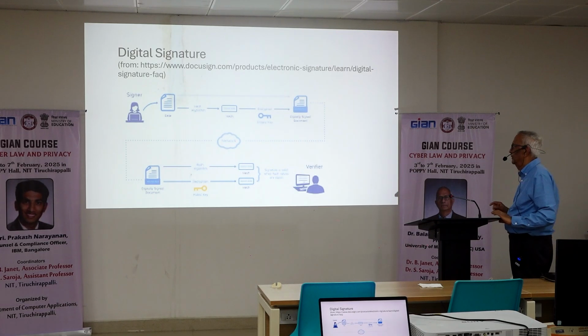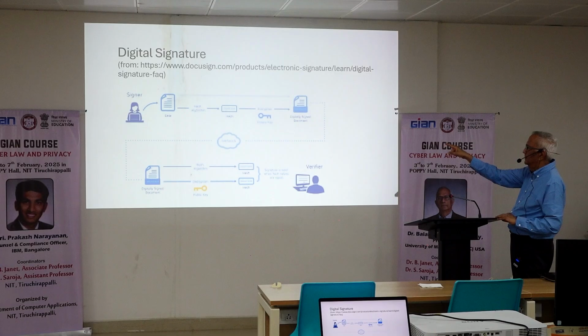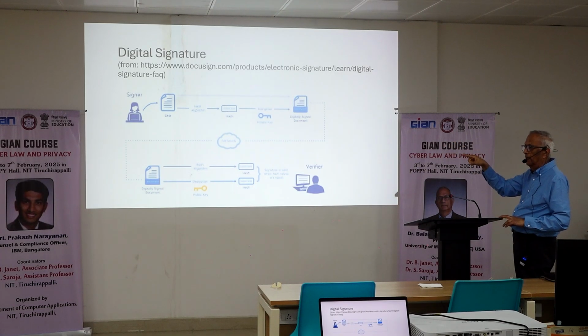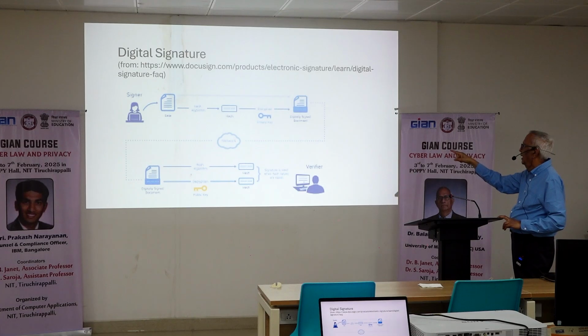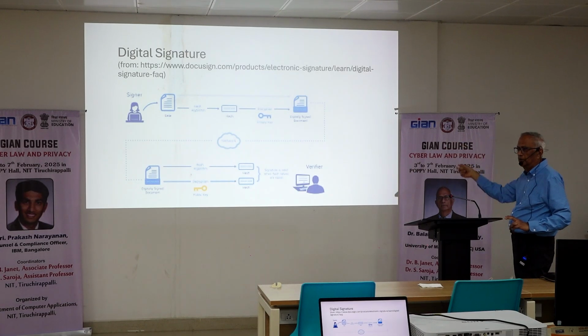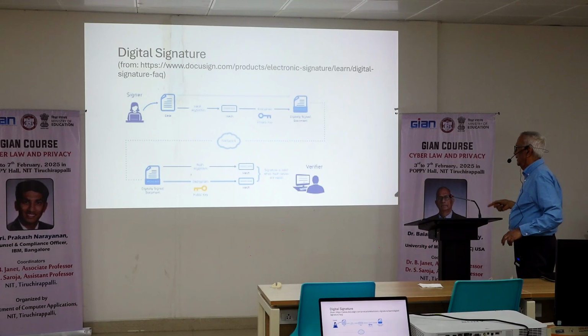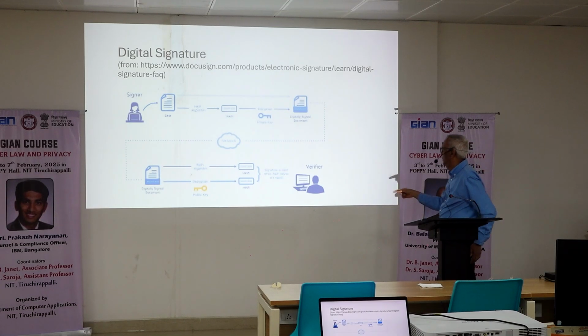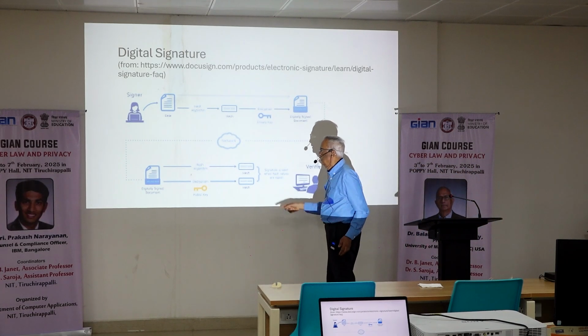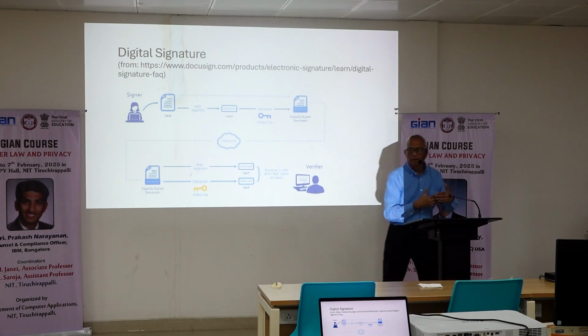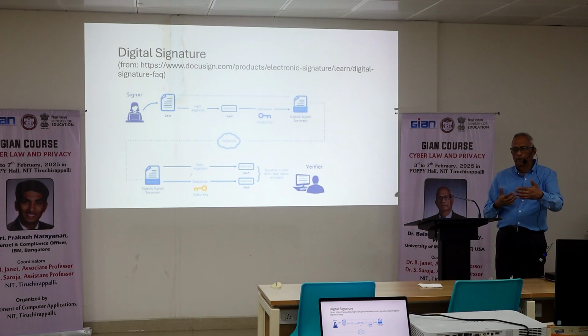Mathematically, it is generally impossible. So anyway, the signer signs with the private key both the document as well as the hash, encrypts it with the private key and then sends it to the other side. What the other side does, the verifier or receiver side, is decrypt it with the public key.